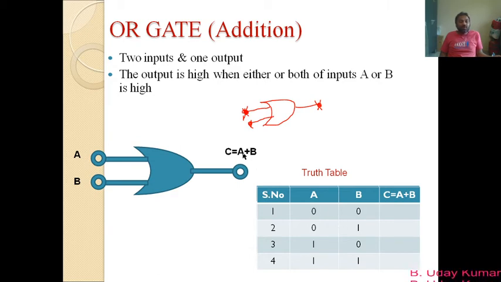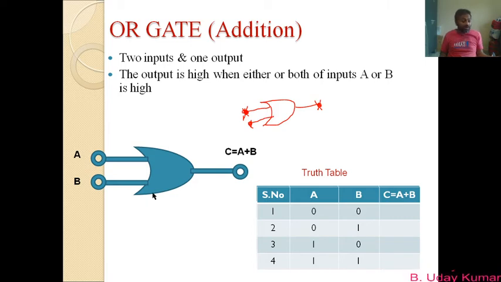Remember, the logical function of this OR gate is denoted by plus. That means if any or both of the inputs are high, the output will always be high. Why it will be high, we will understand in some other video, not in today's video. With the help of diodes, you can understand the entire operation or working of this OR gate.